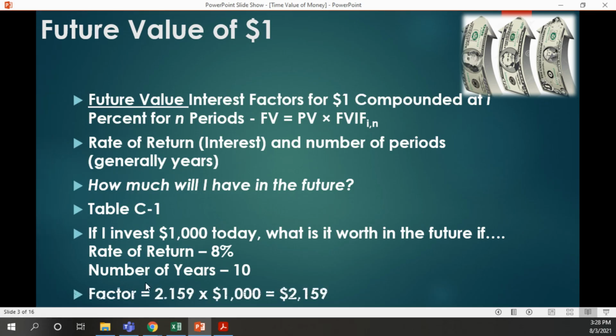So that would look like this. My factor is 2.159 times 1,000, and I end up with 2,159.